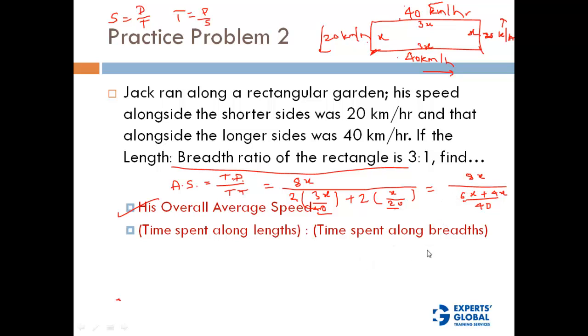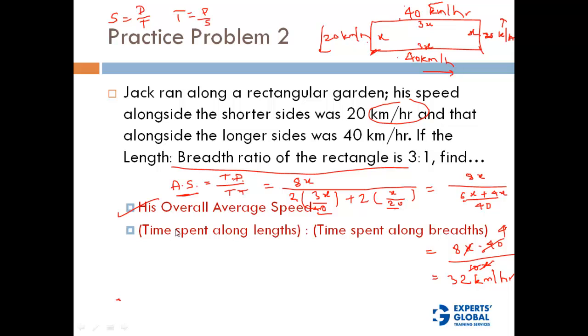So that is going to be equal to 8x into 40 divided by 10x. So this x and x get cancelled. This 10 and 40 give you 4. So we get 8 into 4, 32. 32 is the average speed. What are the units of speed? Kilometers per hour. So 32 kilometers per hour is the average speed.